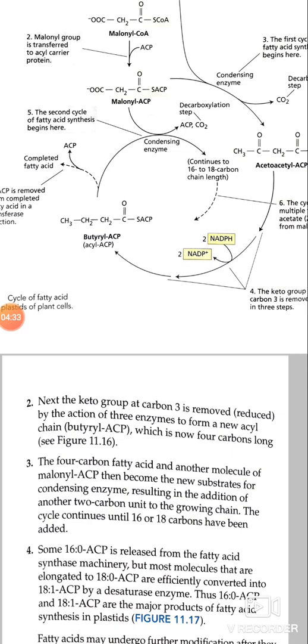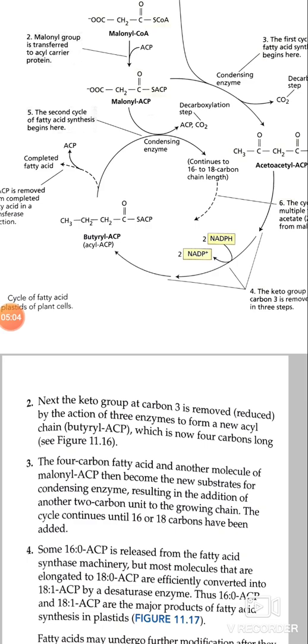Some 16:0 ACP is released from the fatty acid synthase machinery, but most molecules that are elongated to 18:0 ACP are efficiently converted into 18:1 ACP by a desaturase enzyme.